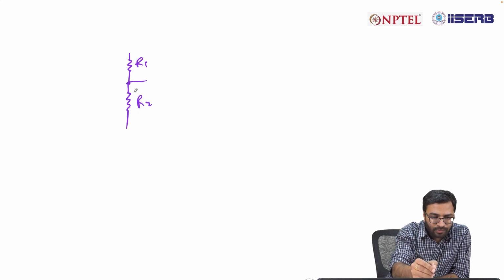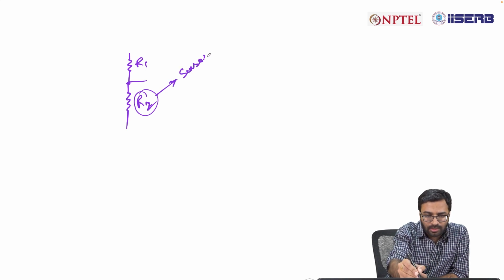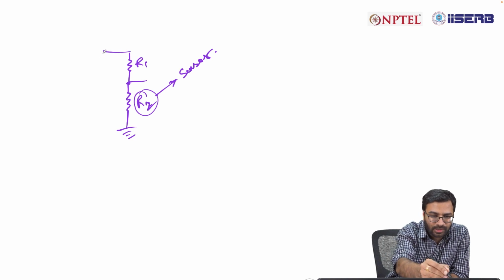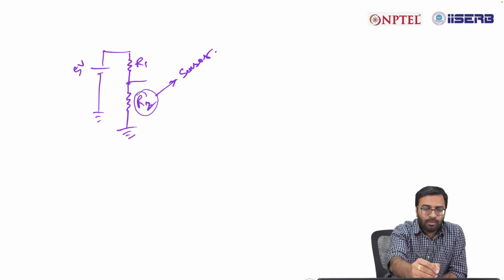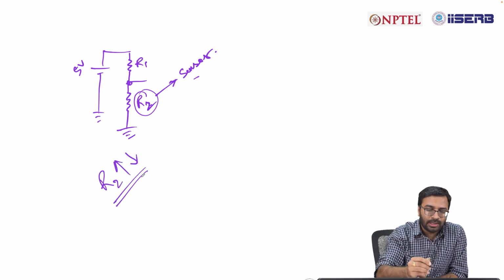Now if your sensor is resistive in nature, then consider your R2 is the sensor. So you can connect one sensor in the voltage divider configuration and then you can apply a bias, say of 5 volt.